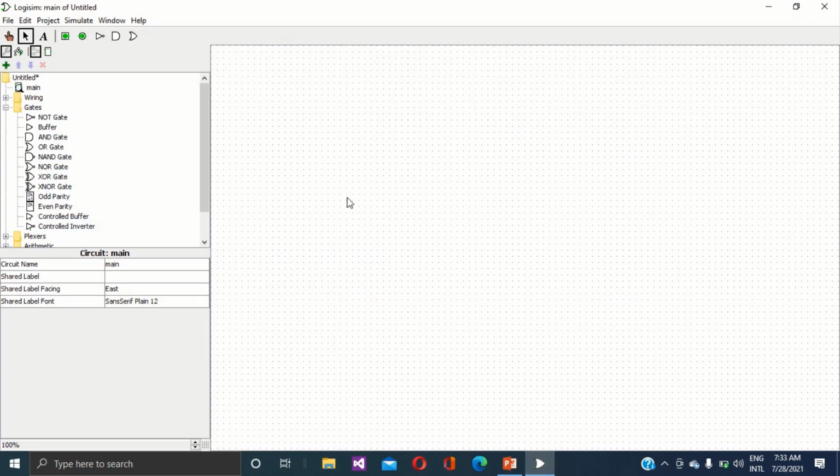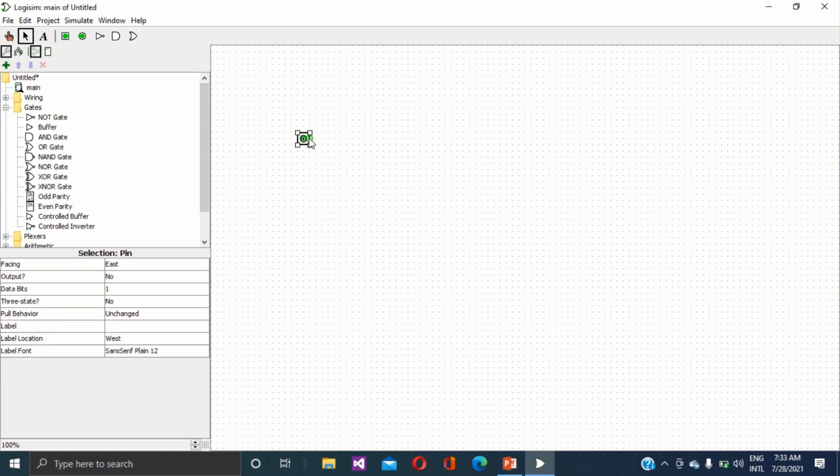Here I want two inputs. Now I am going to take two inputs. Here I am going to label these inputs.